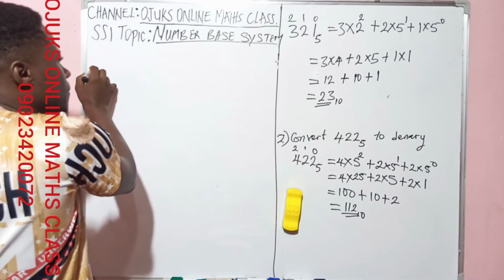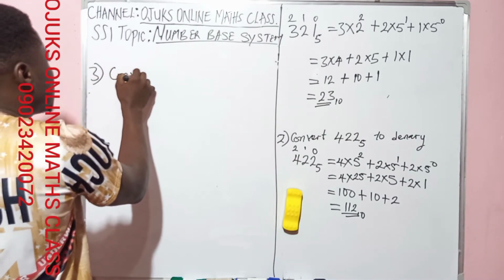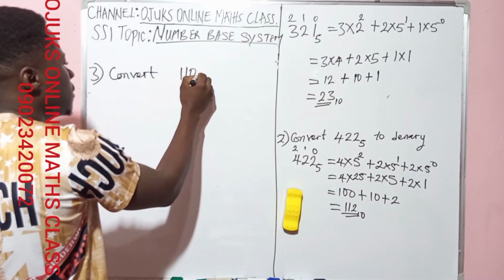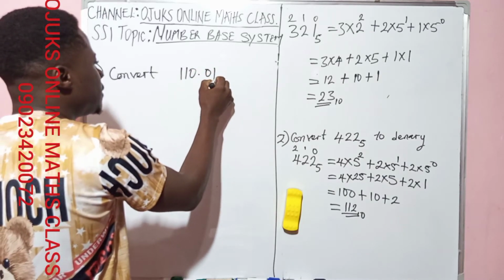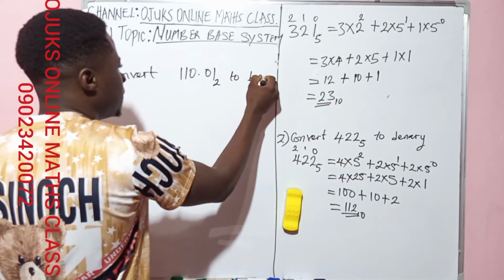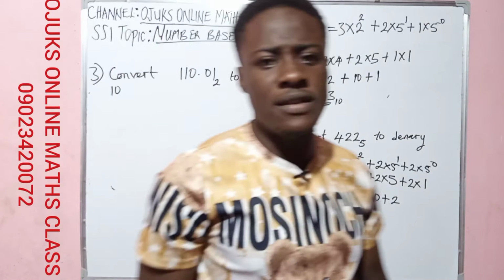Let's assume you have number 3. Convert 110.01 base 2 to base 10. Now let us observe this.